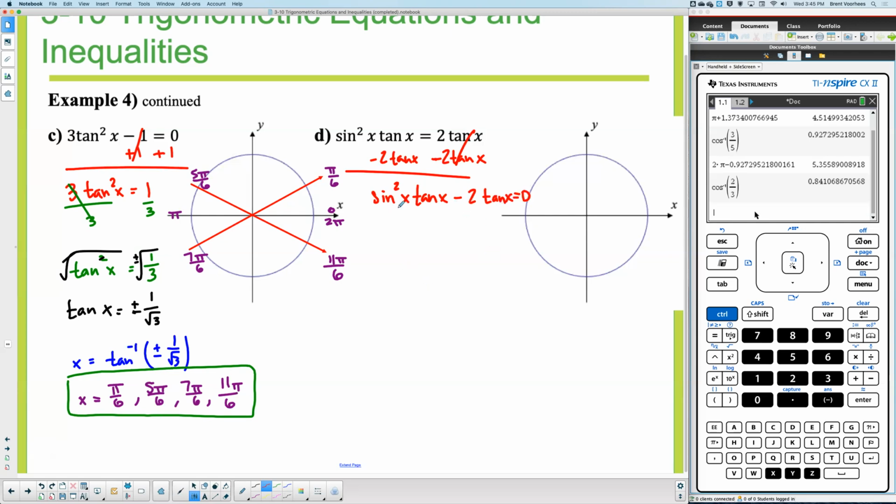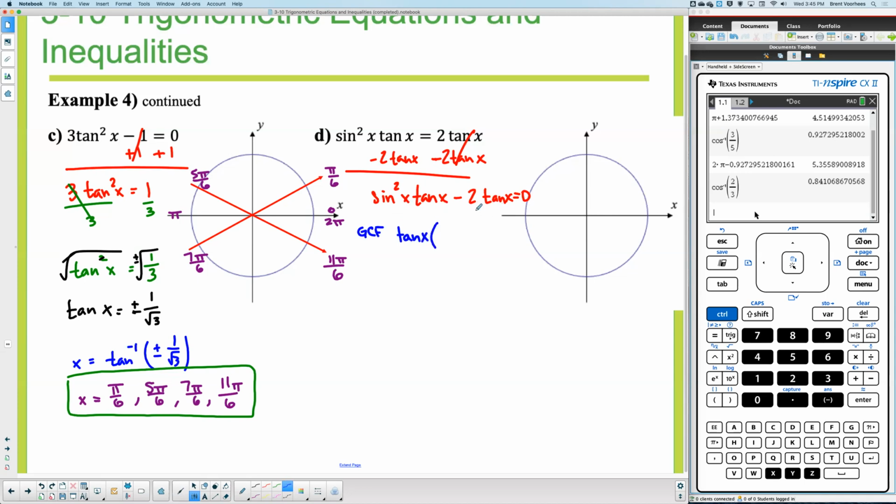And so what we do here in algebra is I can't quite solve this, but I can't combine those terms. But what I can do is say, oh, I have a GCF. Both the front term and the back term share a tangent x. So I'll do a GCF here, greatest common factor. I'm going to divide out the tangent x.